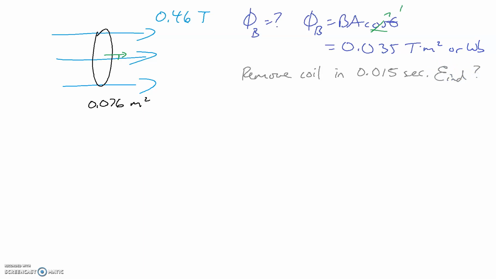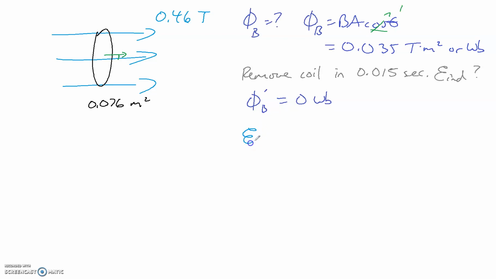Well, if we take it out, it's got no flux. So my magnetic flux prime, remembering that we use prime to mean after, is going to be 0 Webers. If I take that coil out, it's got nothing.